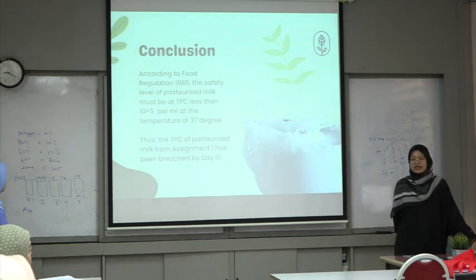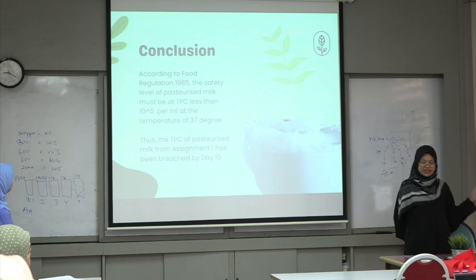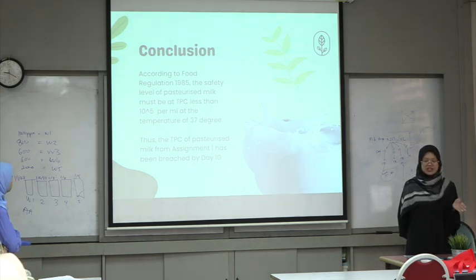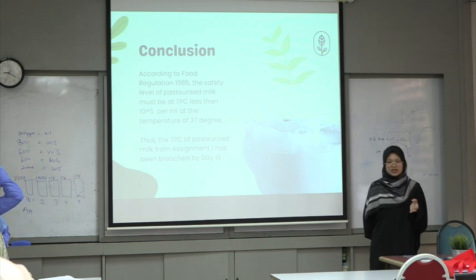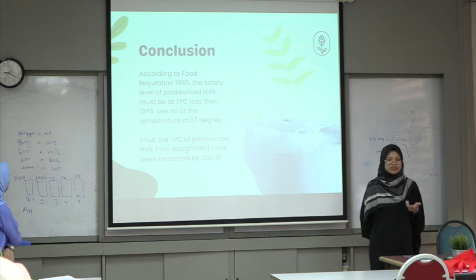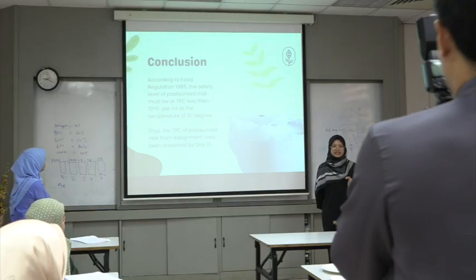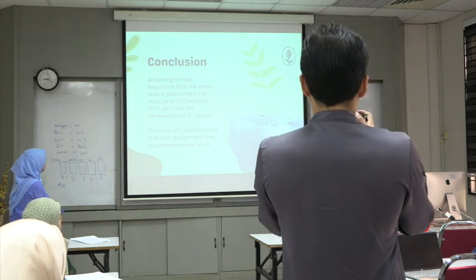The conclusion that we can draw from this graph, from the data that we obtained, is that on day 10, this particular milk product is already not safe for consumption. It is not acceptable for human consumption, as the total plate count already exceeds the limit set in the regulation.